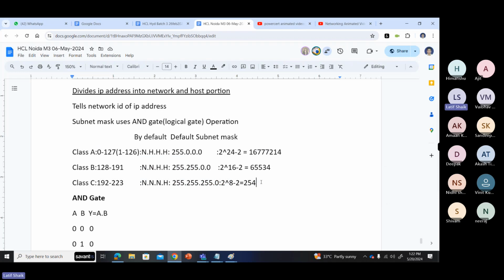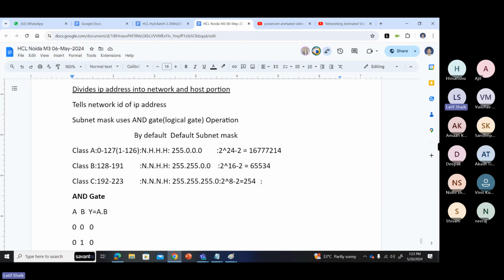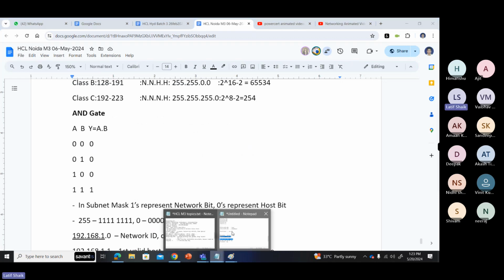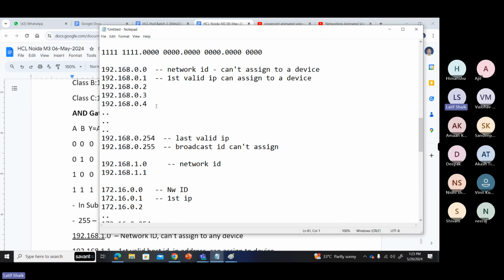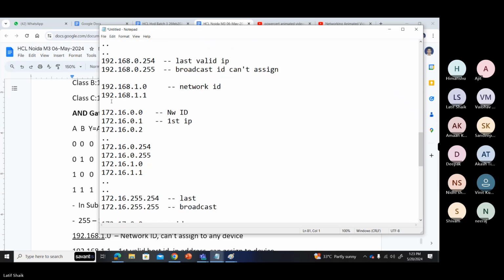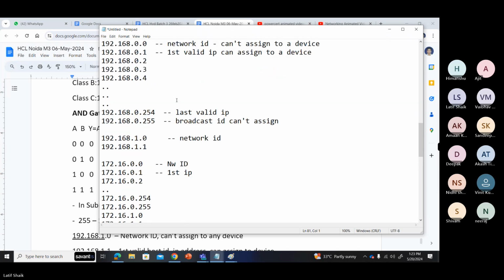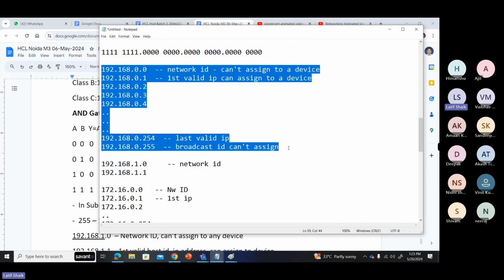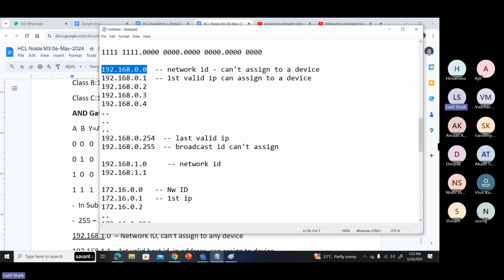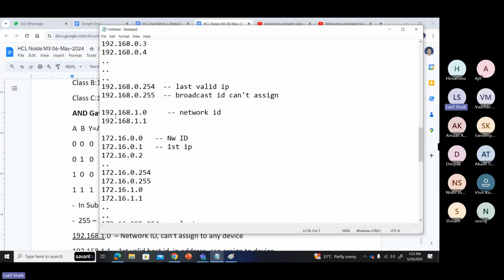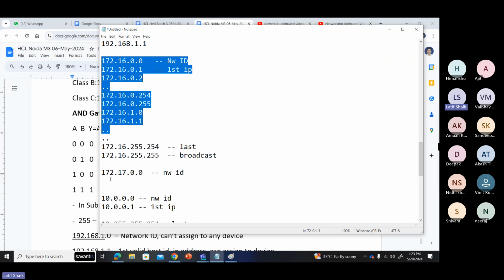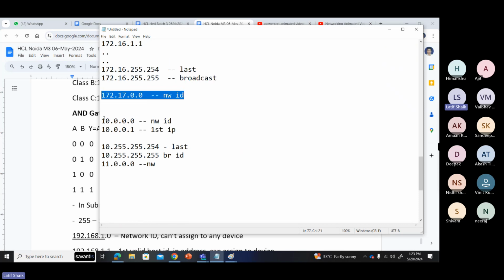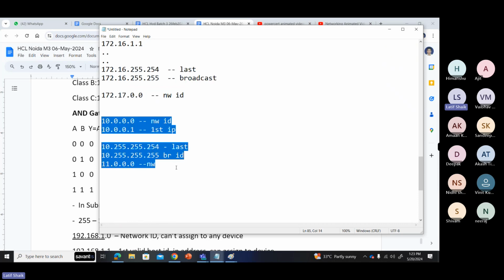In a single class C network, 254 devices can be connected. In another network, 254, like that. In class B, 65,000, and another 65,000. In class A, it is almost 16 million above that I can connect.